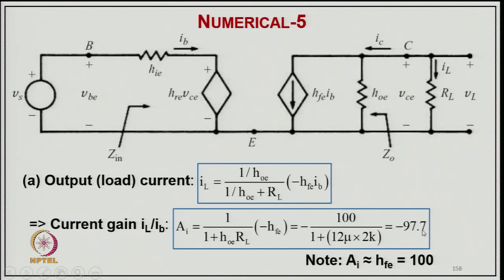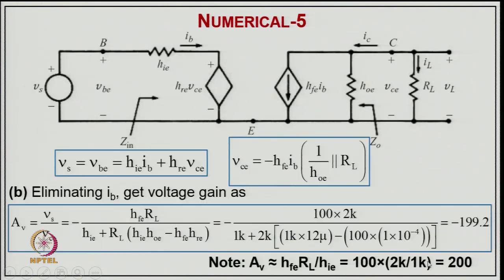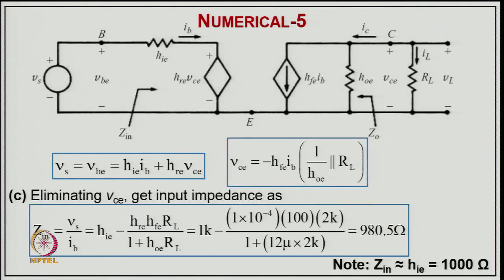So, we get current gain minus 97.7, which is approximately 100, and then to find out voltage gain of this we already derived the relation, putting the value it comes 199.2. So this we can say approximately 200.